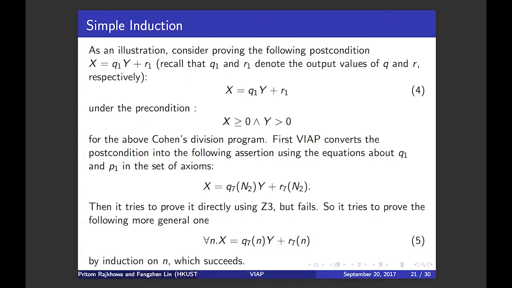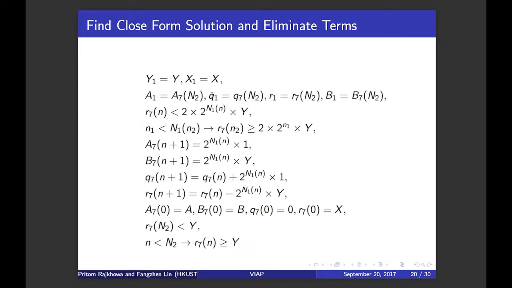For the above Cohen division program, first VIAP converts the post condition into the following assertion by substituting values, because we know that q1 can be substituted by this function s7 of n2, and r1 can be substituted by r7 of n2.